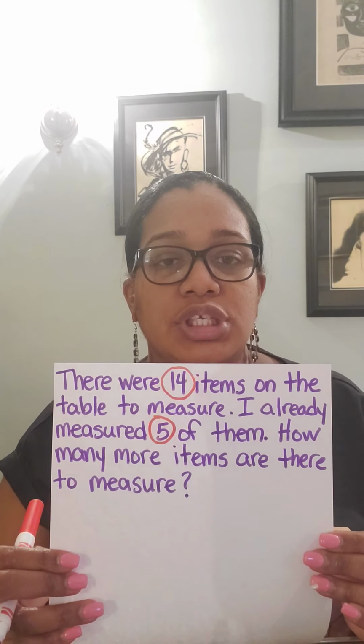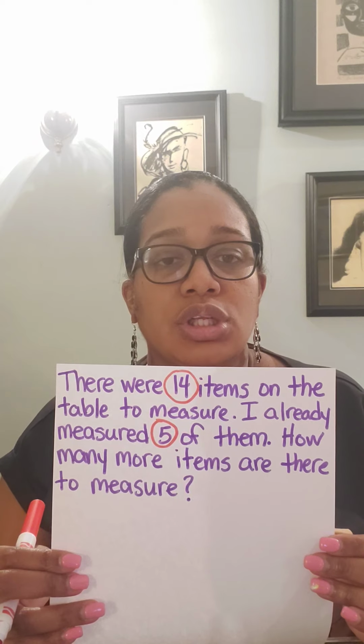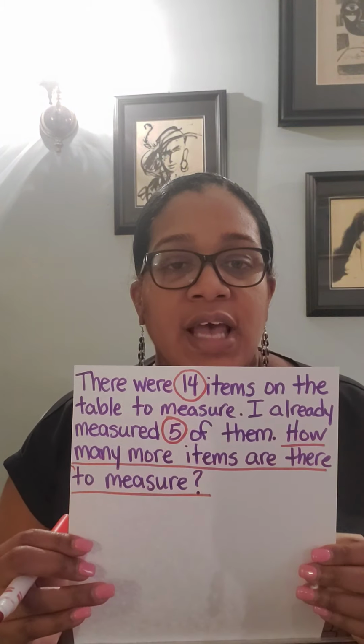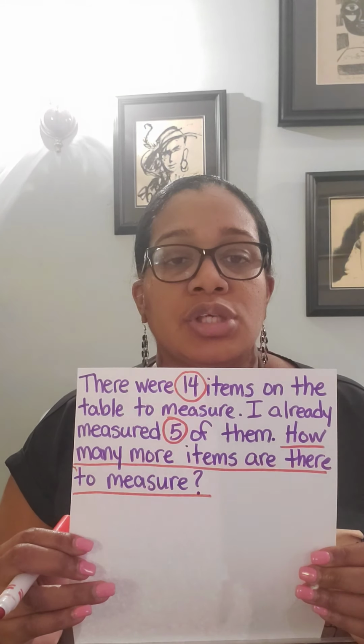We circled the 14 and we circled the 5. Those are the only numbers in this problem. The U stands for underlining the question. Take a second, find the question, and underline the question in this word problem. It should look like this. How many more items are there to measure?